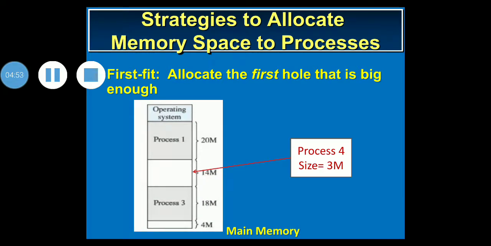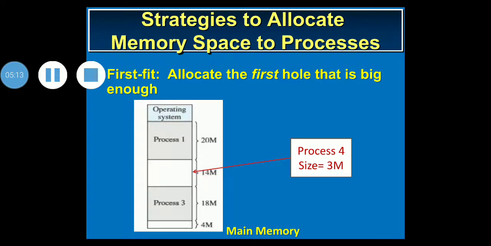The strategies are, first is first fit. In first fit, allocate the first hole that is big enough to accommodate the process. For example, in the diagram, there is operating system at the top, whereas two processes are executing the program, process 1 and process 3.